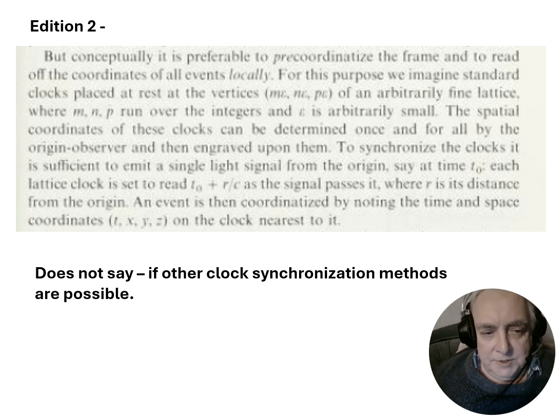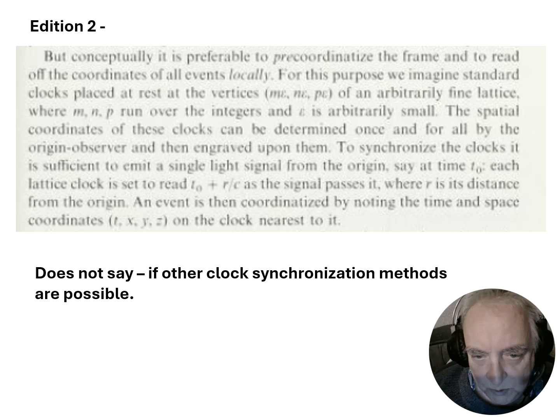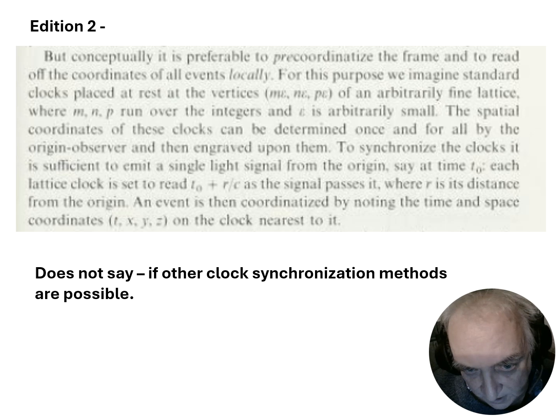The book carries on and says, but conceptually it is preferable to pre-coordinatize the frame and to read off the coordinates of all events locally. For this purpose we imagine standard clocks placed at rest at the vertices, m epsilon, n epsilon and p epsilon of an arbitrary finite lattice where m, n and p run over the integers and epsilon is arbitrary small.